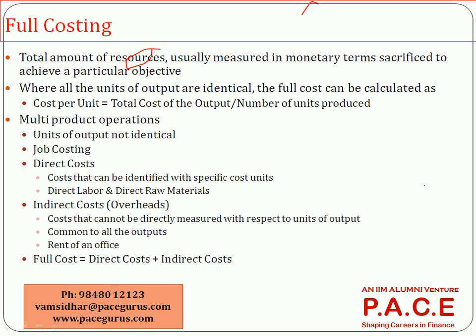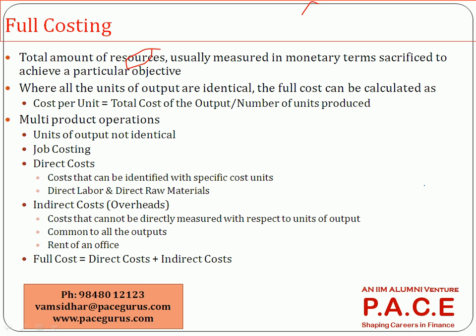So in case of a single product scenario, finding out the cost per unit is not a difficult thing, right? If I know the total cost that I have incurred in producing one particular product, I divide that by the number of units, which will give me the cost per unit. And any pricing that I am doing which is much above the cost per unit is what is attributed to my profitability per unit.